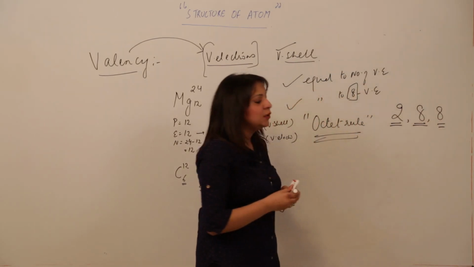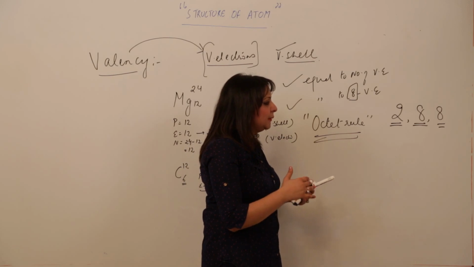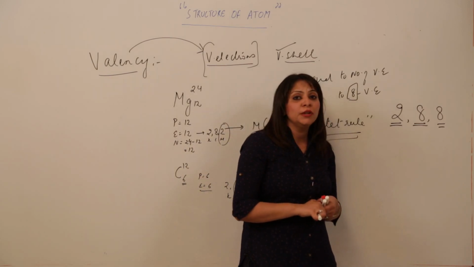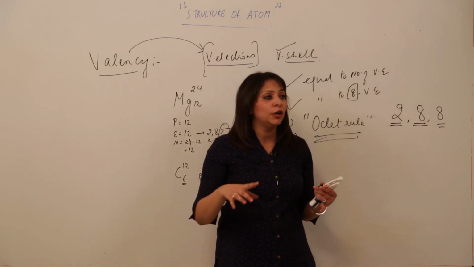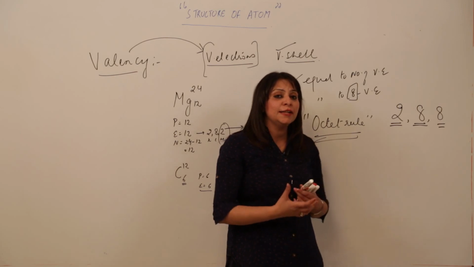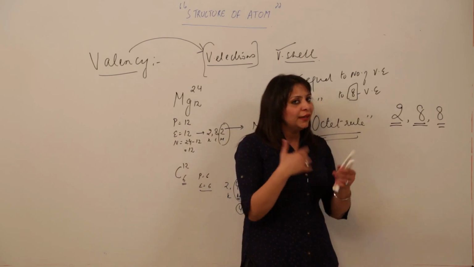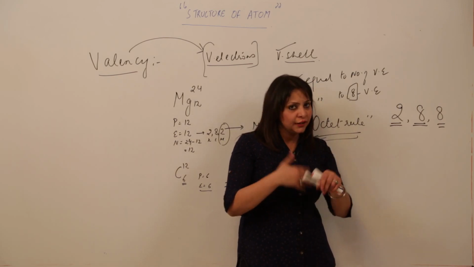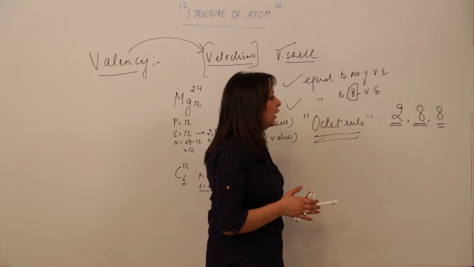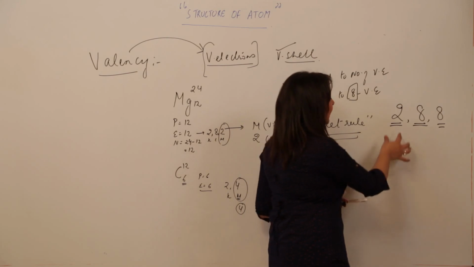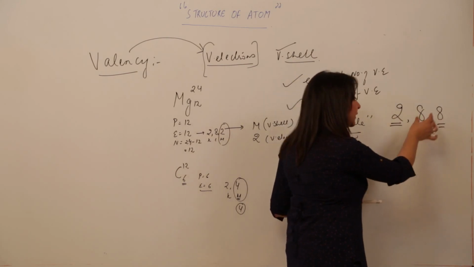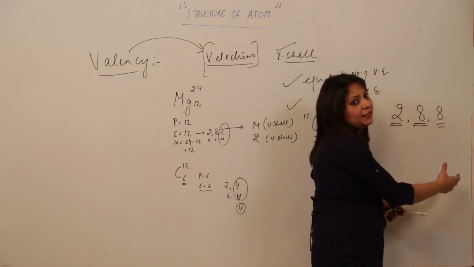Actually, from the third shell onward it obeys some exceptional properties, which you will do in +1, because at this moment we are not familiar with the blocks or the way of writing the electronic configuration. So we will do it in the next standard, but for now, just remember that when 2 electrons are filled in the first shell, start filling the second shell. When it is filled with 8 electrons, start filling the next.